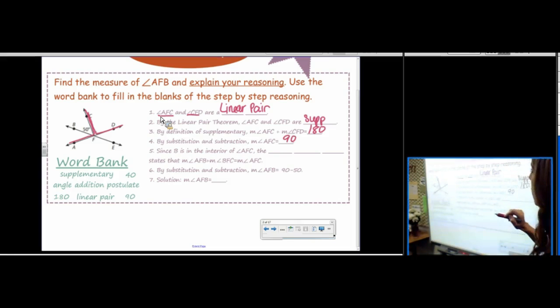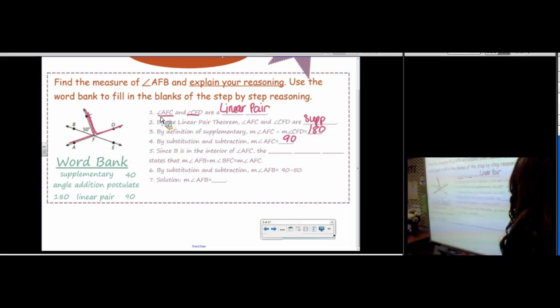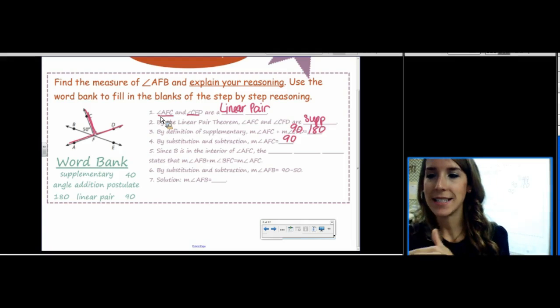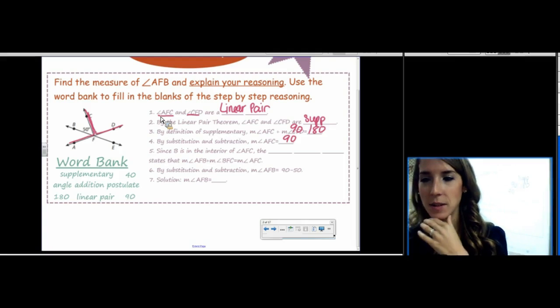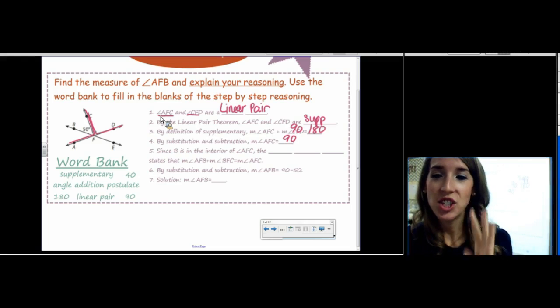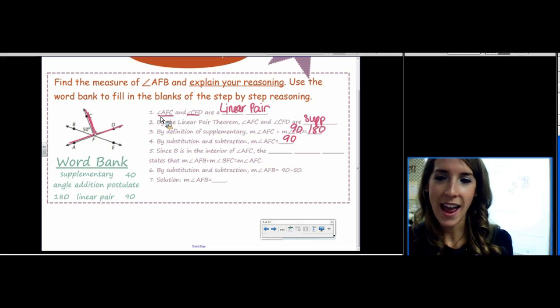Because we already know that CFD was 90 because that was 90 in the picture. So it's saying 180 minus 90, you're subtracting. You're substituting 90 in, and then you're subtracting. That was 4 sentences just to say that that angle was 90, AFC.